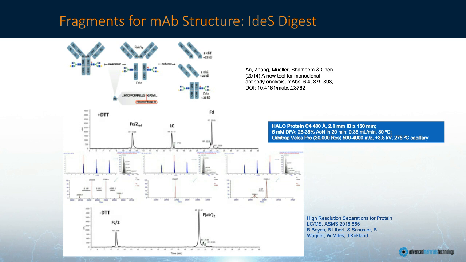On the top panel, the plus DTT is the reducing condition in which you get 3 fragments, and on the bottom panel you have the non-reducing condition in which you get the 2 fragments, the Fc portion and the Fab portion. You can see that we're getting relatively sharp peaks and resolution of some of the variants in this particular digest.